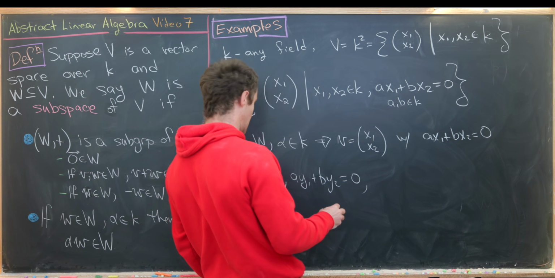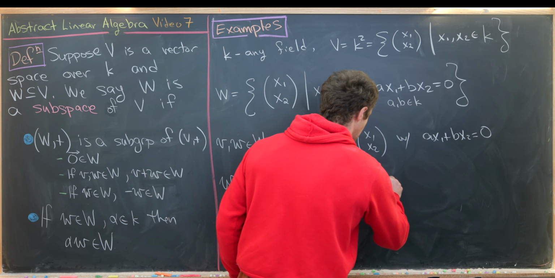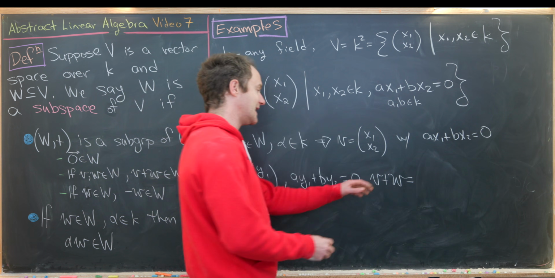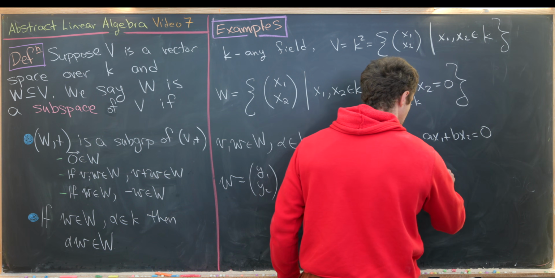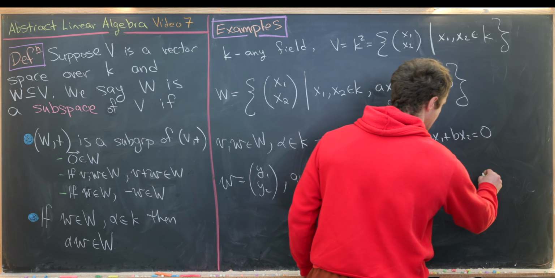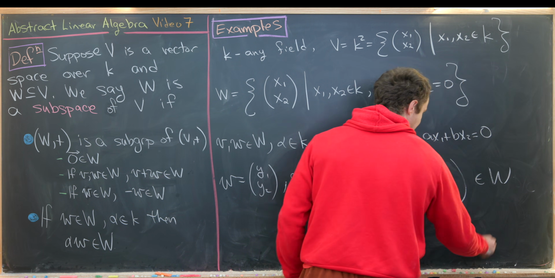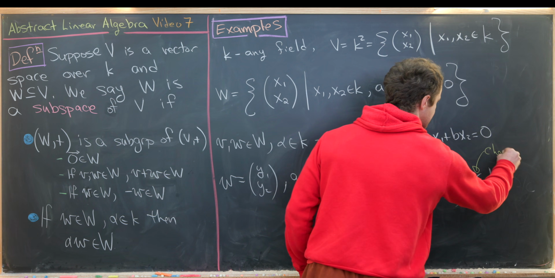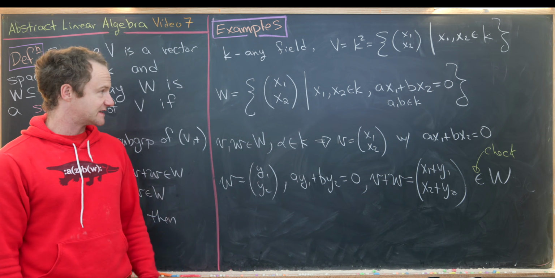Okay, so now let's notice that v plus w, adding these component-wise, is (x1 + y1, x2 + y2). And now our goal is to check that this is in W. So how do we check that it's in W?